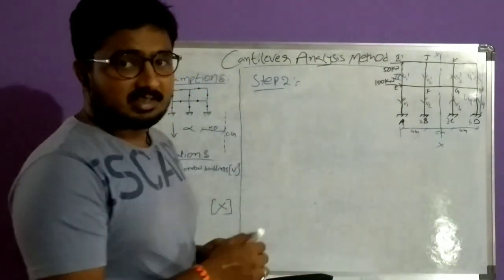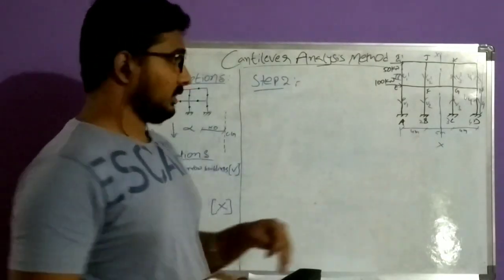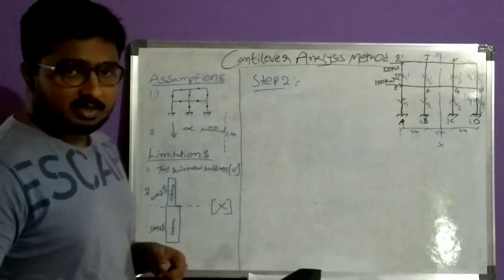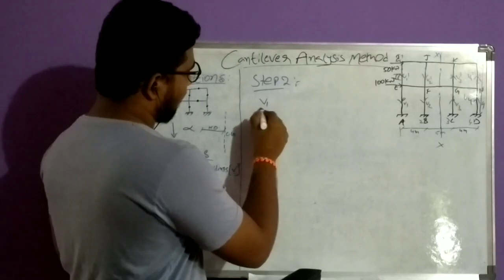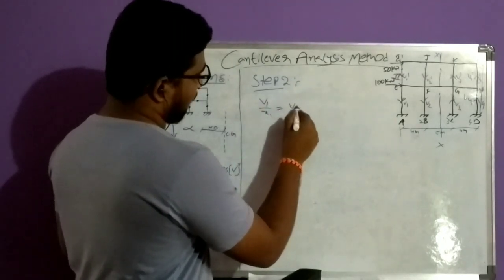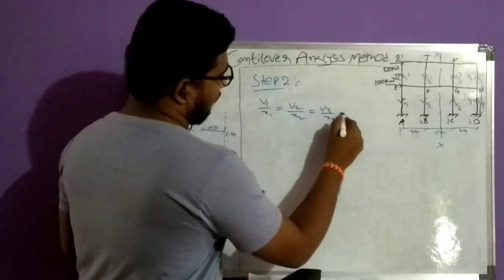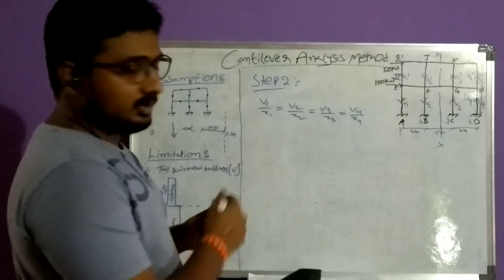So to balance the section, first we have to calculate the axial forces in the bottom story. We know that axial force is directly proportional to the horizontal distance from the centroidal axis. So V1 by x1 equal to V2 by x2, V3 by x3 equal to V4 by x4. This is the proportionality condition.